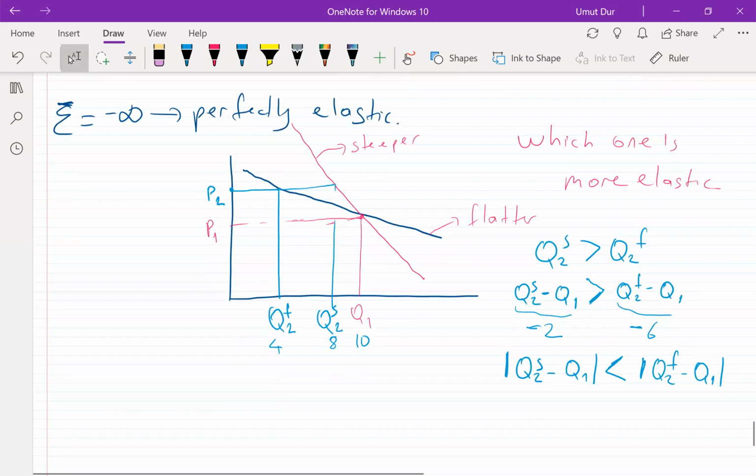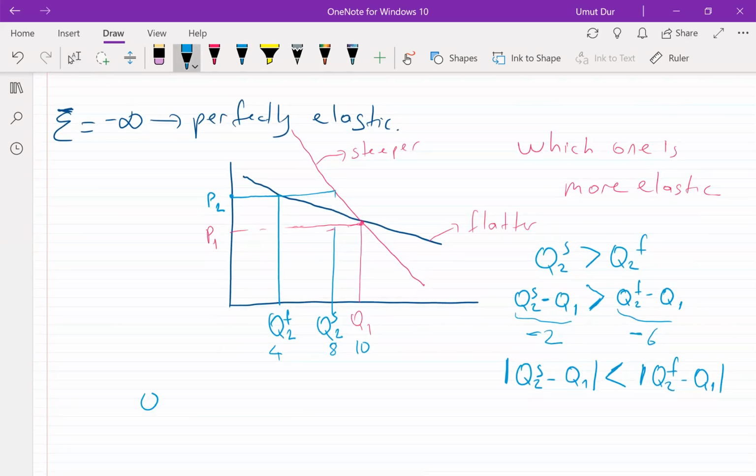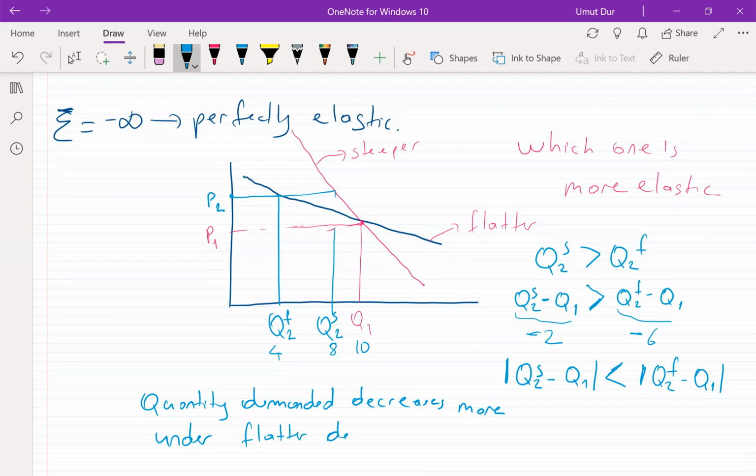Okay, which means that quantity demanded decreases more under the flatter demand curve.